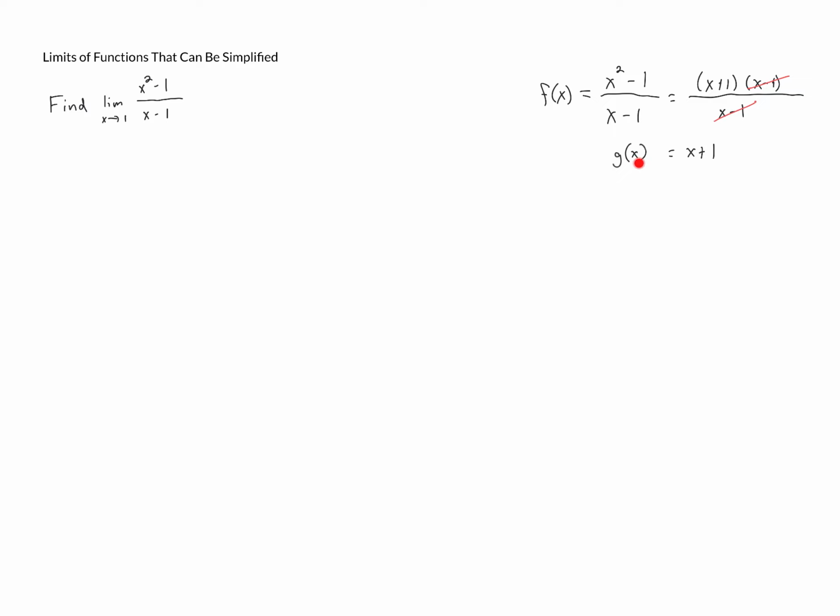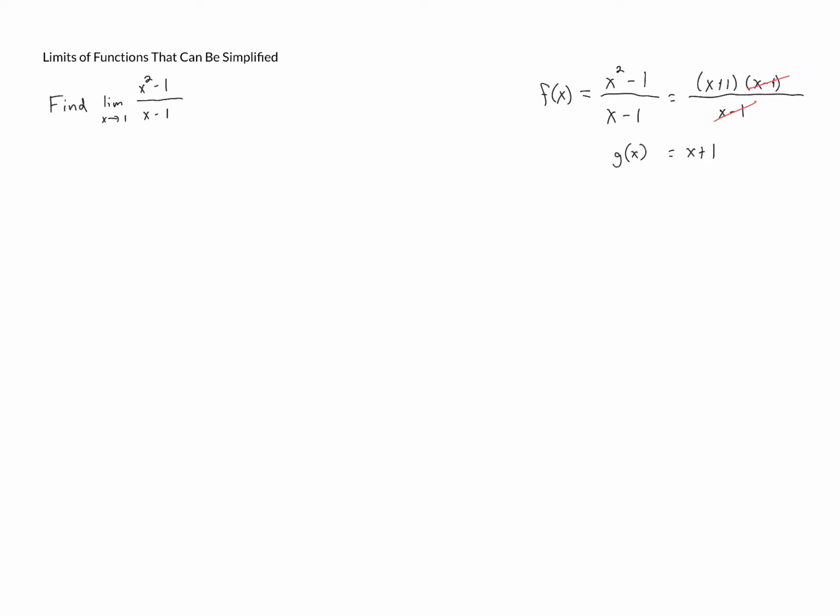Because when x equals 1, g of x is defined, but when x equals 1, f of x is undefined because we've got a 0 in the denominator. When we take a function and cancel a factor in the numerator and denominator, we end up with a new function that is equal to the old function everywhere except there might be a small difference in domain.